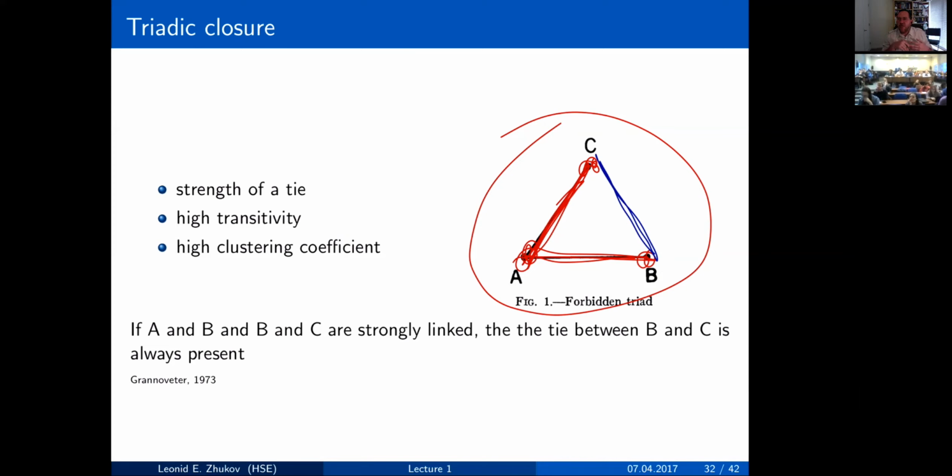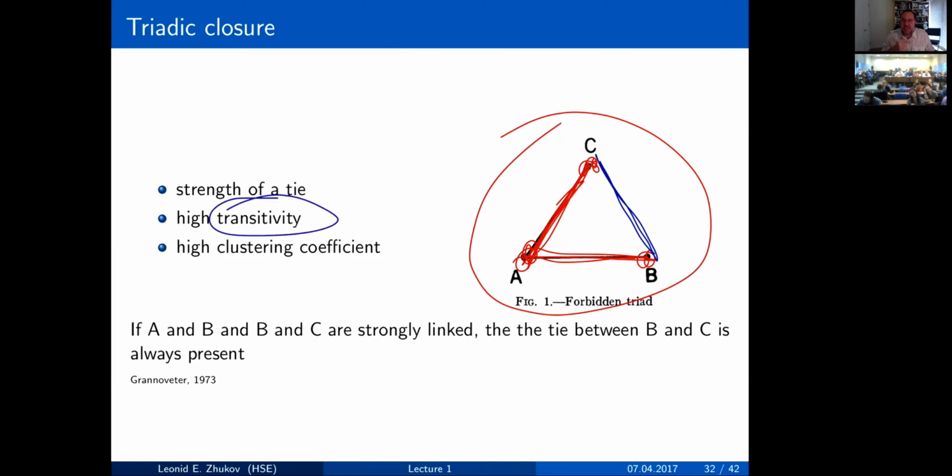And so what Granovetter was saying is that in social networks, in social interactions, there exists a lot of triangles. He even called it a forbidden triad, the situation when you have three nodes and there is no closure. It's called triadic closure when the things are closed. And so the key statement here is, social networks do have a lot of triangles. Okay.